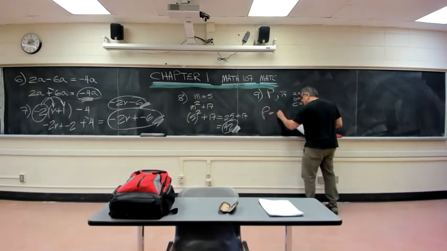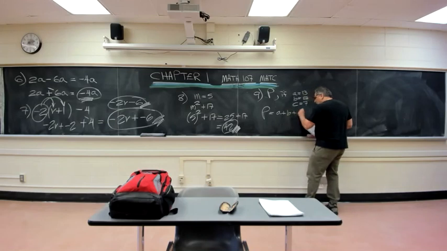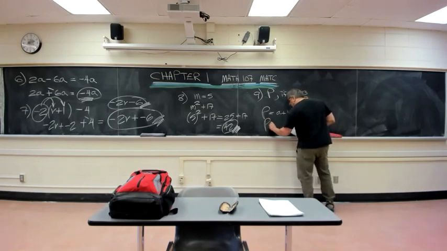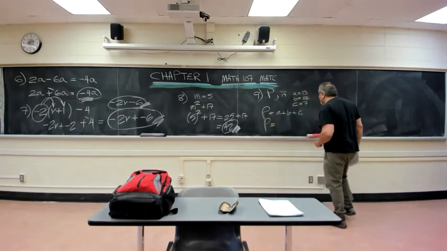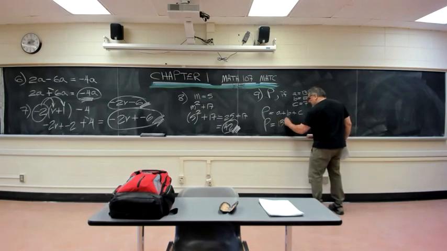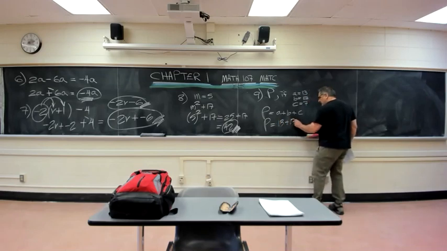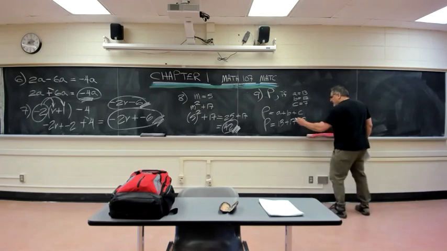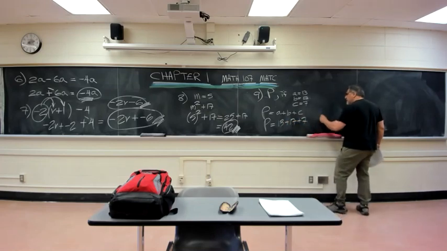Just, again, the idea of substitution. Pretty basic stuff, but like I said, if you need some help with it, here it is. So a is 13, b is 17, 13 and 17 is 30, plus 7.